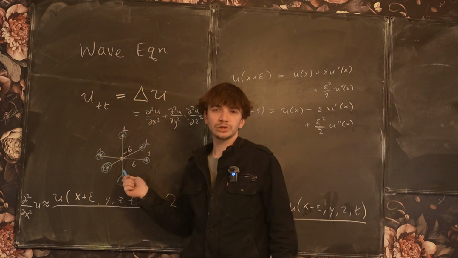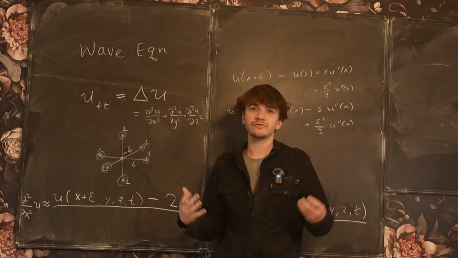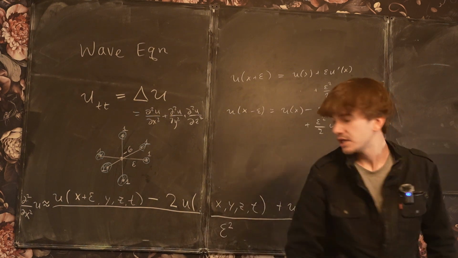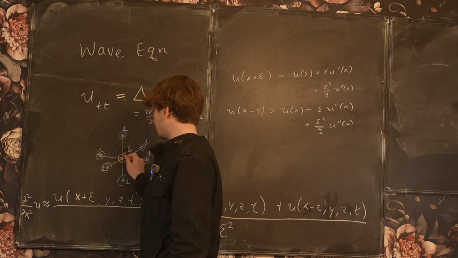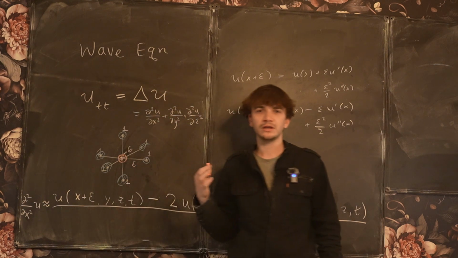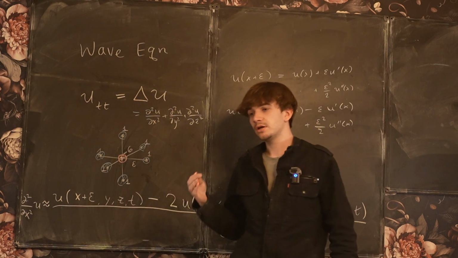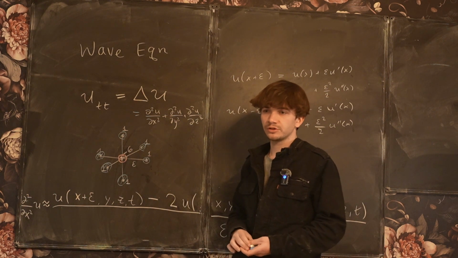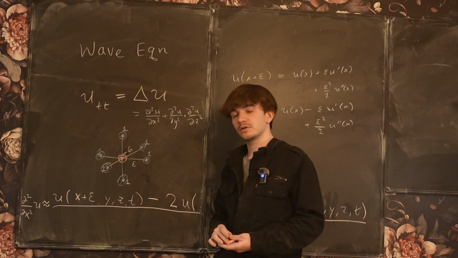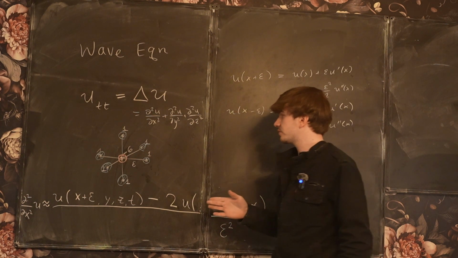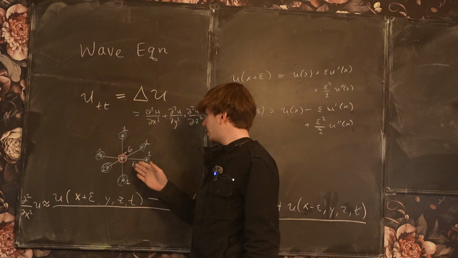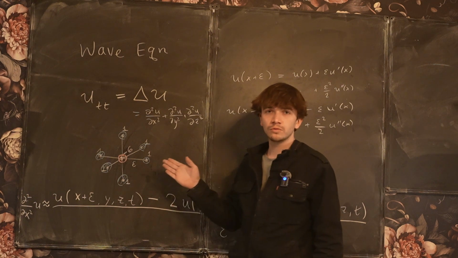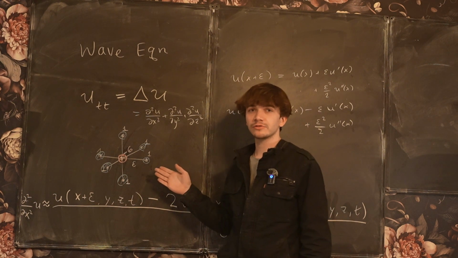If I draw in blue, that means the value of the function is relatively high compared to the average. And if I draw in pink, it means a relatively lower value of the function, in accordance with the frequency spectrum of light. And so here, in this diagram that I've drawn, would the Laplacian be positive or negative?